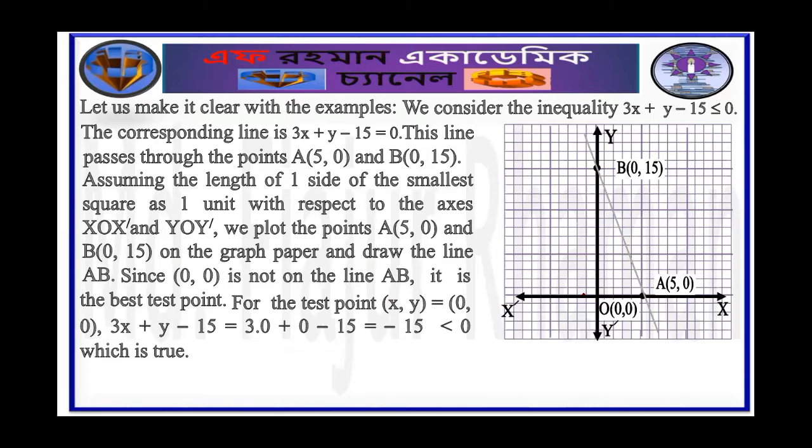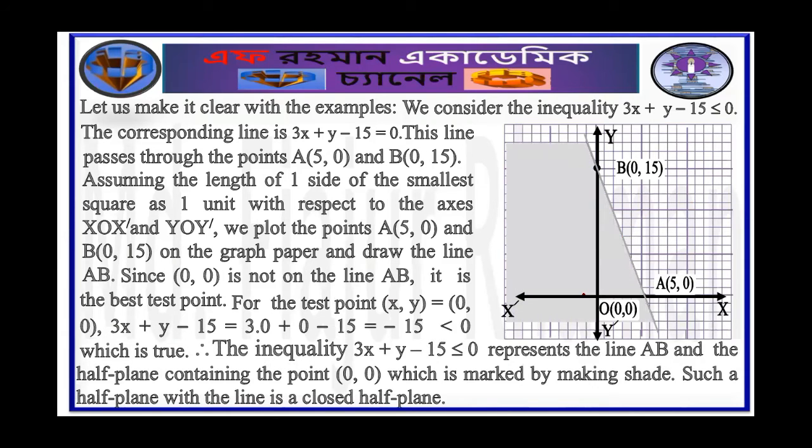Therefore, we can write the inequality 3x plus y minus 15 less than or equal to 0 represents the line AB and the half plane containing the point (0, 0), which is marked by making shade. Thus, a half plane with the line is a closed half plane.